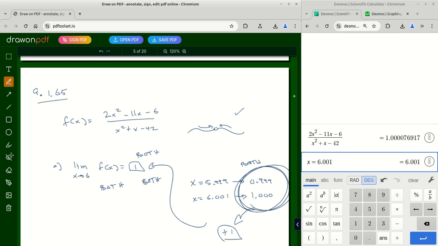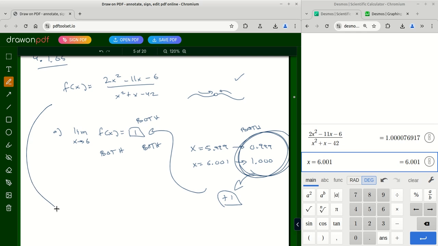Now, if you were to do this a little bit more mathematically, we should have factored. And in the bottom, I'm suspecting that we have an x minus 6. And if you think about it, we have the 42, so this would probably be a positive 7. That makes sense with the 1 there. Because it seems to me that it's not a vertical asymptote because we're coming into the same point, it probably will factor to have this x minus 6 in the top.